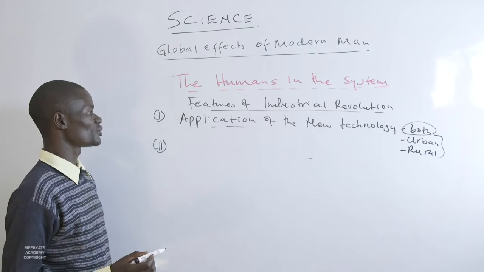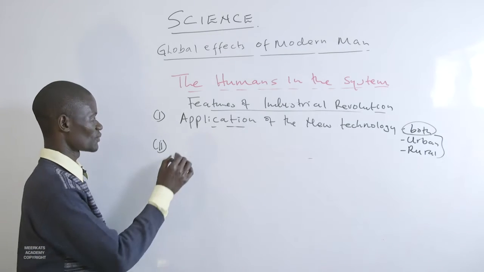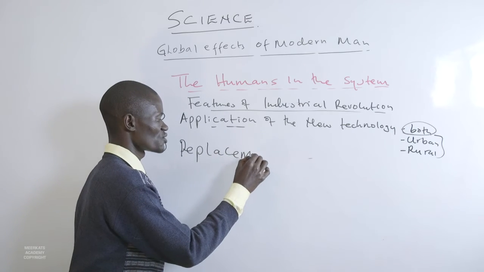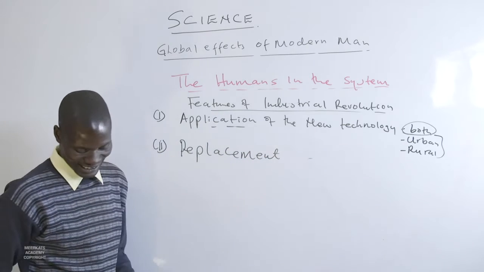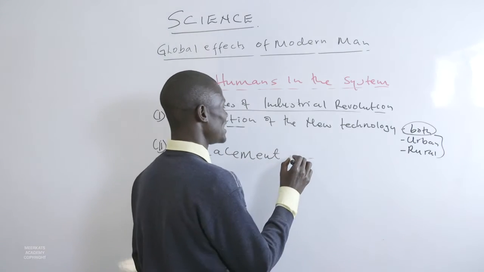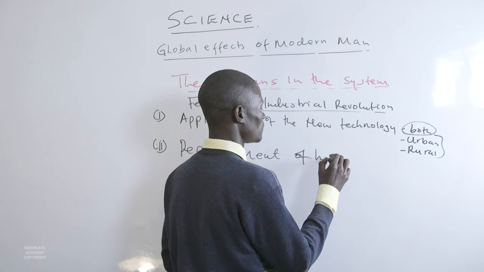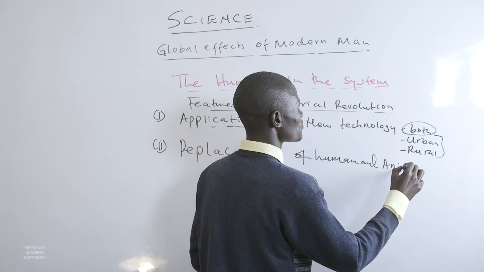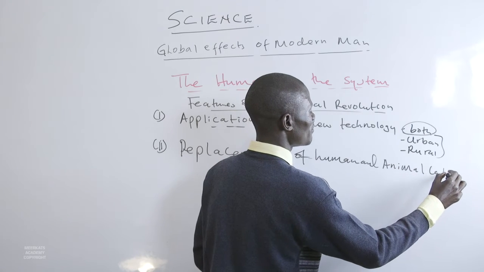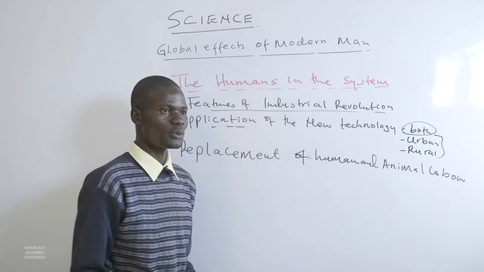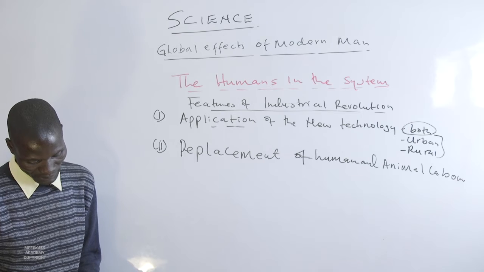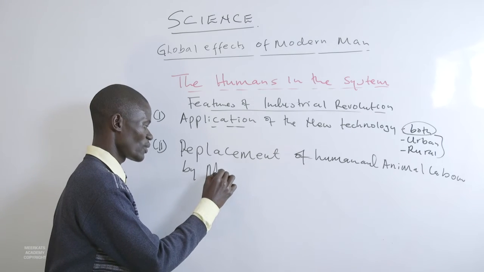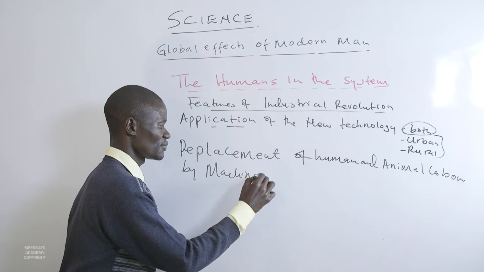Because prior to that there was human labor, what happened? There has been a replacement. Replacement of human and animal labor, which was cheaply and easily available, by machines when the machines were invented.